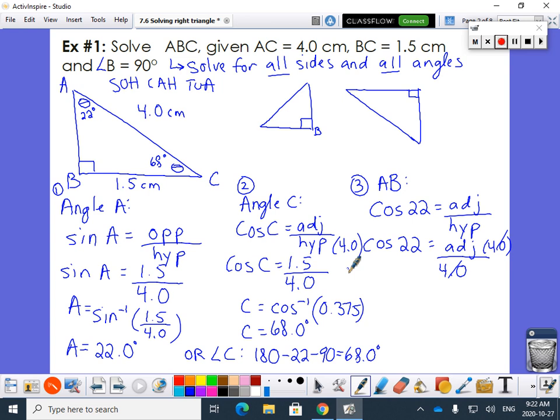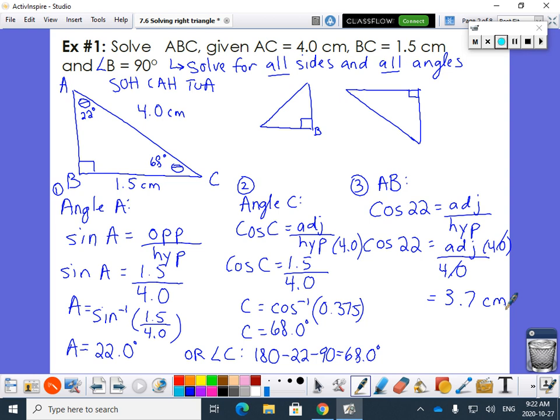Okay. So can someone do this in their calculator for me? 4.0 times cos 22, just so that we all get the right answer. What do we get? 3.7. 3.7 what? Centimeters. Right? If those guys are in centimeters, then this should be in centimeters as well.